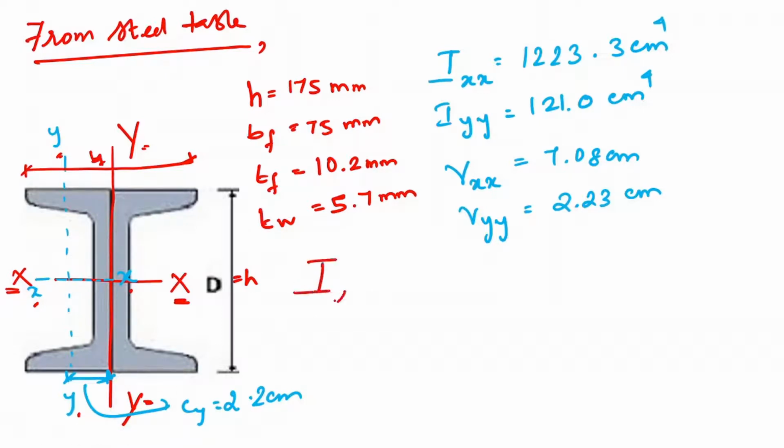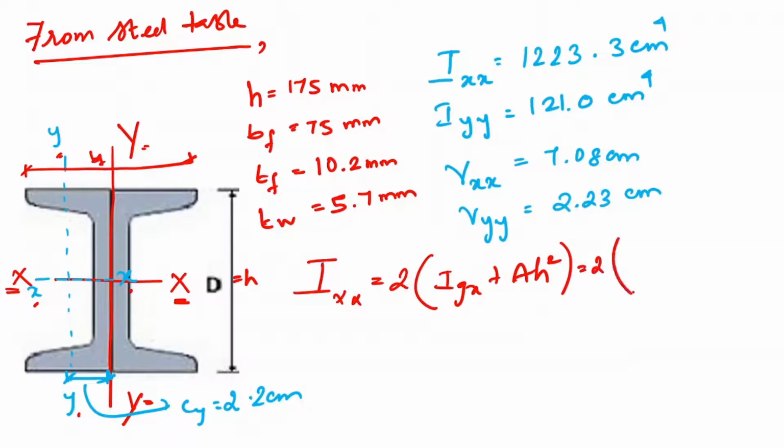Global moment of inertia about XX. As I discussed, we have two channels. I'll find one, then I'll multiply with 2 because both are of the same section and size. So IGX plus A h square.